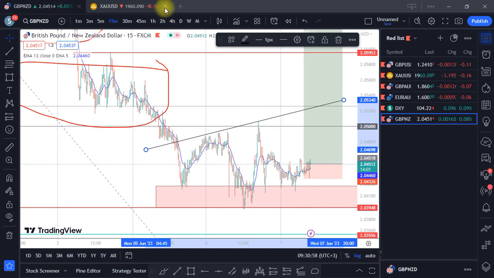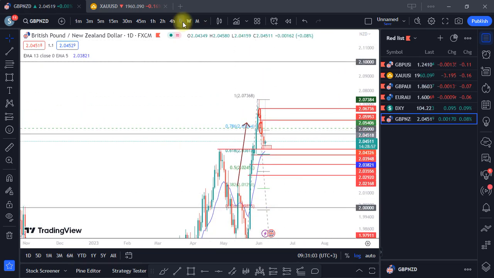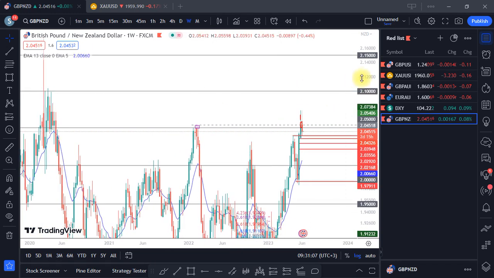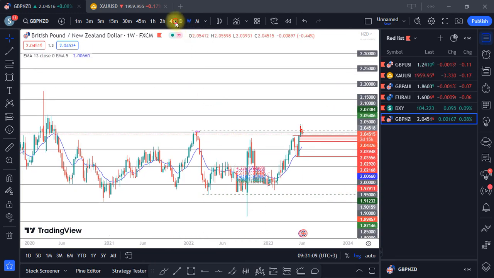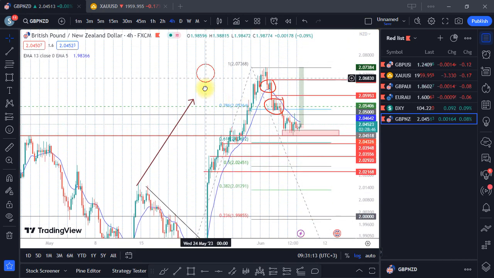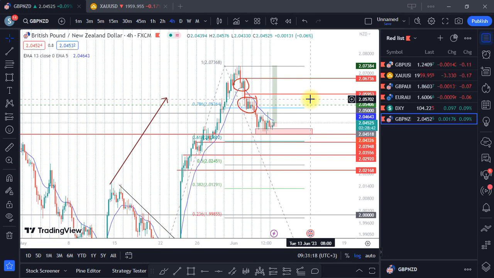So if you really want to do it easier, you go into the daily charts and the weekly charts and the monthly chart. That's when you see what the market bias really is. But I can identify my market bias on the 4-hour, because that's where I work the most. So yeah, that's it, guys.